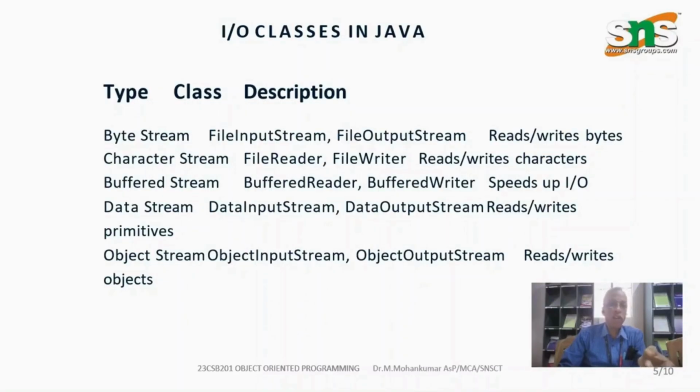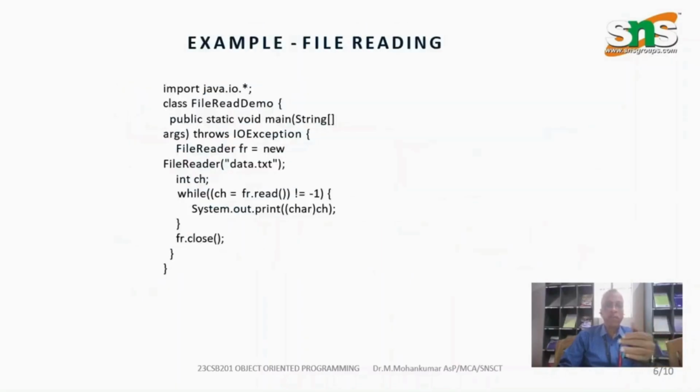Then data streams called DataInputStream, DataOutputStream, which read and write primitives, and object streams like ObjectInputStream, ObjectOutputStream, which read and write objects. So we have four major streams: byte stream, character stream, buffered stream, and object stream. Each stream has read, write, and IO operations.